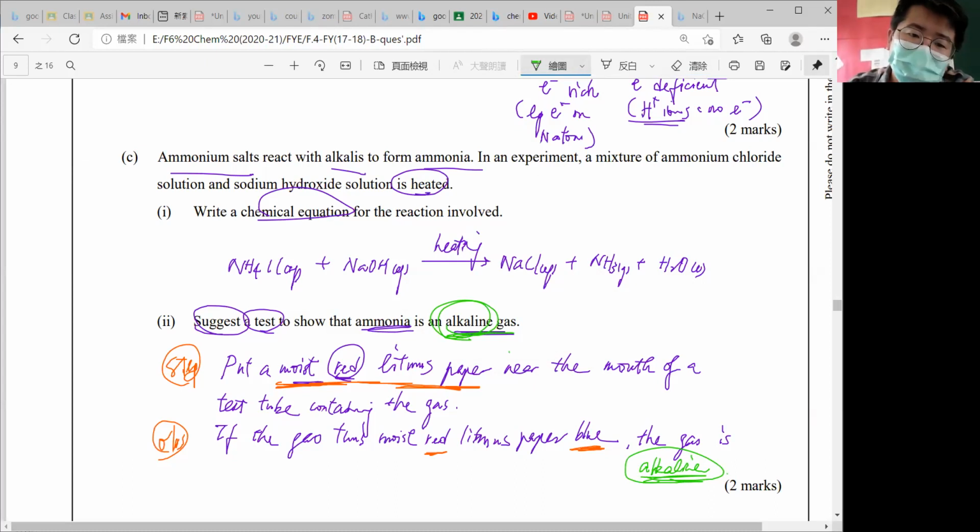You are going to show that ammonia is an alkaline gas, so the conclusion goes back to alkaline because of red to blue. But if the question is to show the gas is ammonia, even though you talk about the same thing, the conclusion changes a little bit, and you can come up with the answer. Is that clear? Good. What else? Any other thing that you want to add?